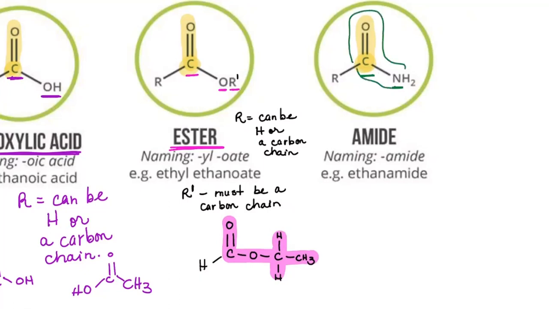And nitrogen also has an octet. It's just that it has a lone pair. So typically we see 3 things attached to nitrogen in a lone pair. But having a C double bond N symbolizes that we have an amide.